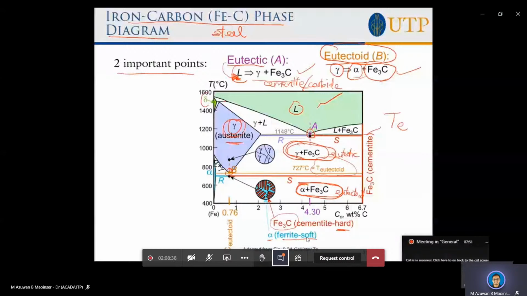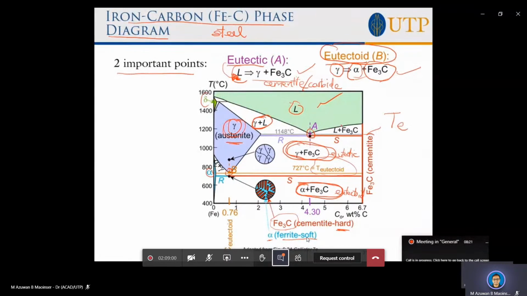And then we have austenite, and in this small region is alpha. Therefore, the region between alpha and austenite here is a mixture of alpha and austenite. Over here is a region between gamma and liquid. So I have gamma and liquid here.